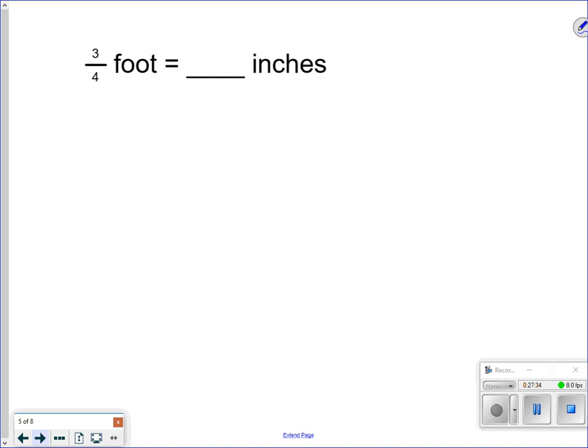Same thing. 3/4 of a foot. What do you know about a foot and inches? A foot is 12 inches.